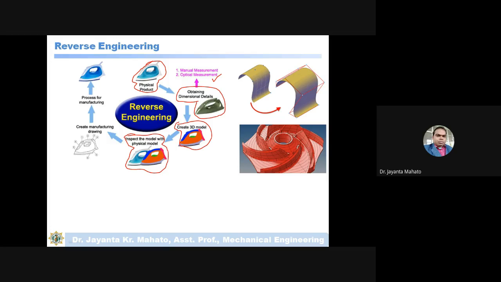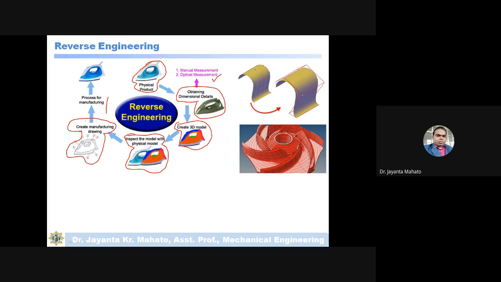Inspect and compare whether these two models are similar or not, and whether all the dimensions match. Then create the manufacturing drawing. With this CAD model, we have to create the three-dimensional drawing. Then it has to be processed for manufacturing.